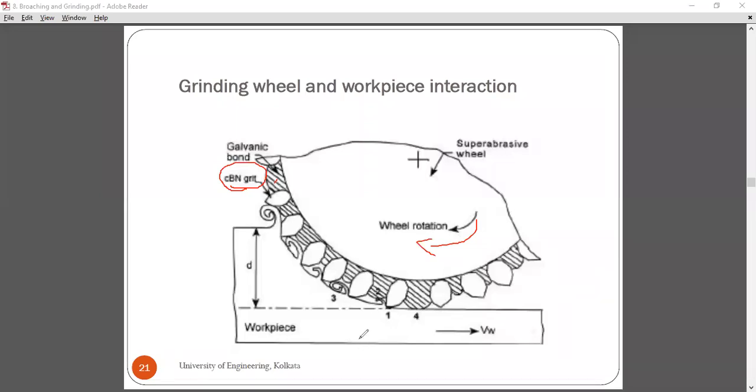The direction of the workpiece is in this direction, right? You can see the depth of cut, or rather the material removal depth, has been shown quite high just so that you can understand. Even the size of the grits is larger so that you can understand how the process takes place. However, this is not the exact thing that happens. This much material does not get removed.